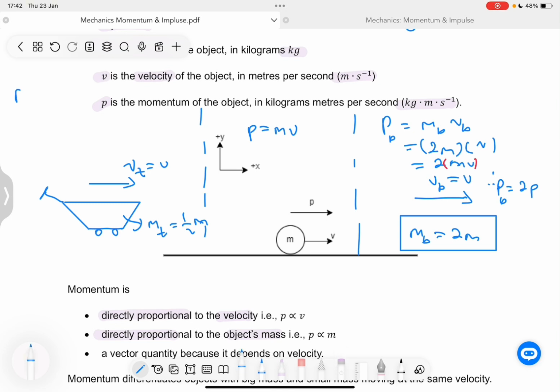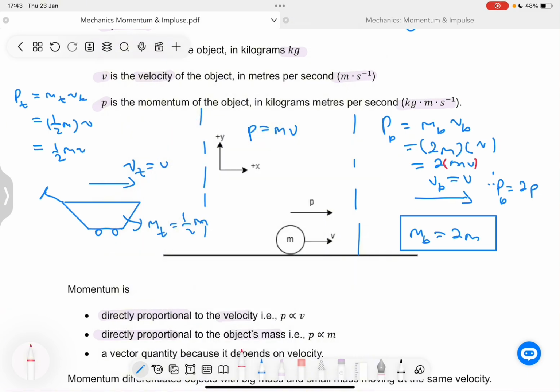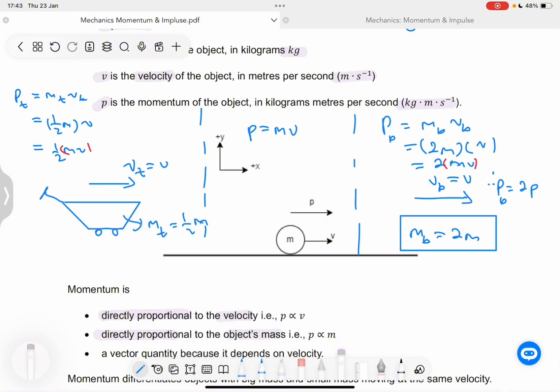Now, if we say the momentum of the trolley, it will be Pt equals mt times Vt. This would mean that I now have 1 over 2 m, and I'm multiplying this by v. We can further simplify this to be 1 over 2 mv. In the same way, we can group the mv, which represents the p that we had here, because p equals mv.